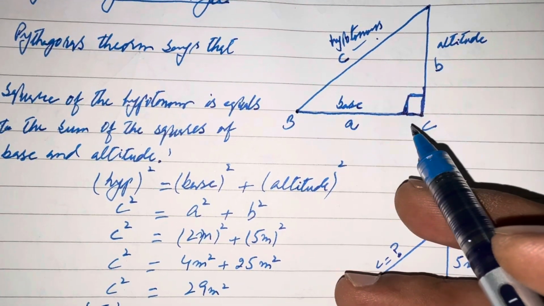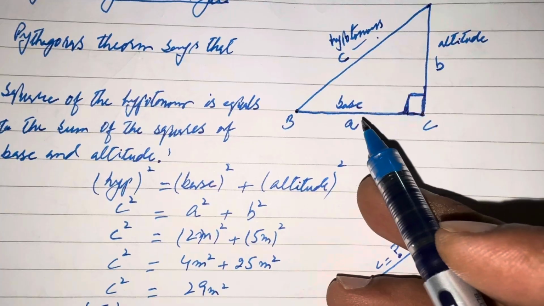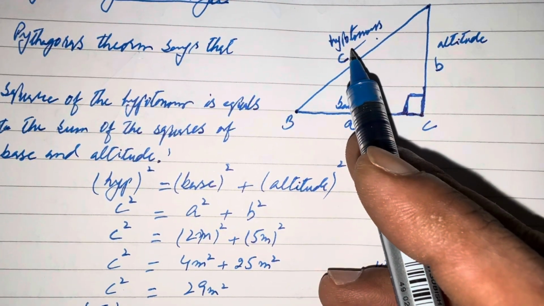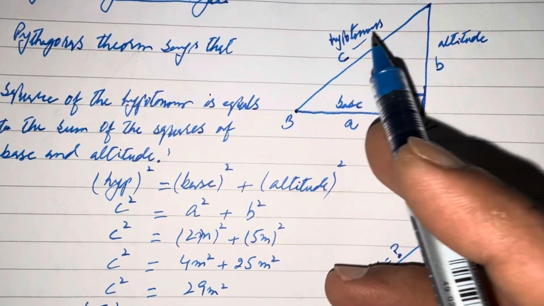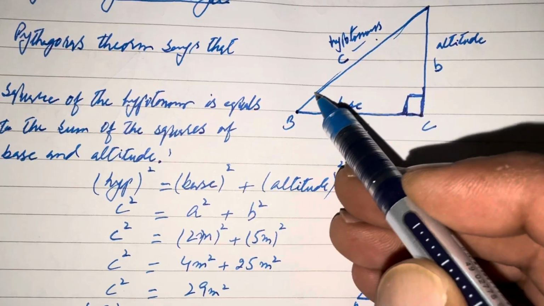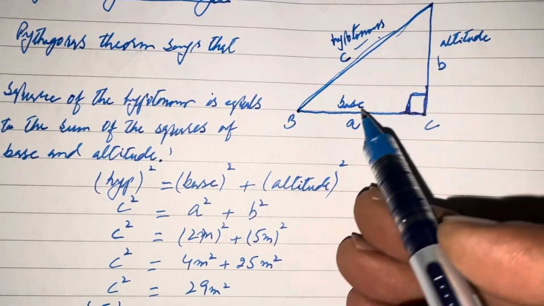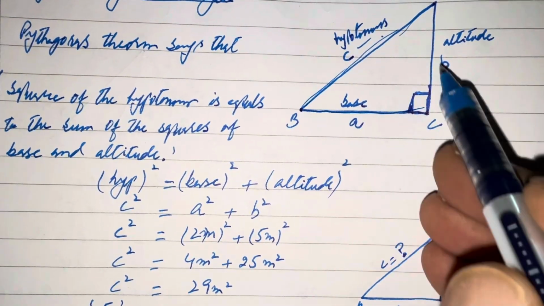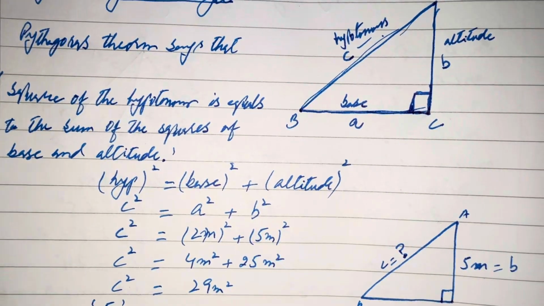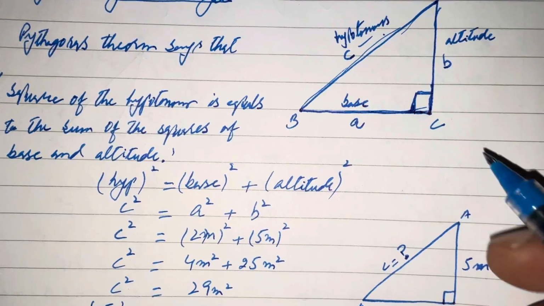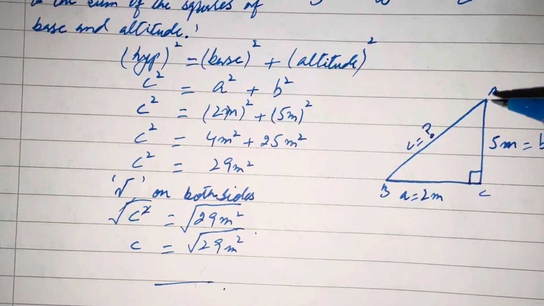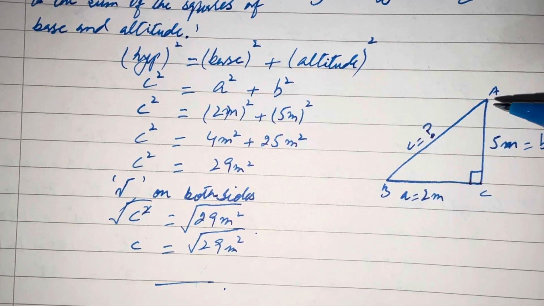A right angle triangle has three sides: one base, one altitude, and one hypotenuse. The Pythagoras theorem says that the square of the hypotenuse, the square of this sloping side's length, is equal to the sum of the squares of these two lengths. That's the Pythagoras theorem. We will see more examples in our coming videos.